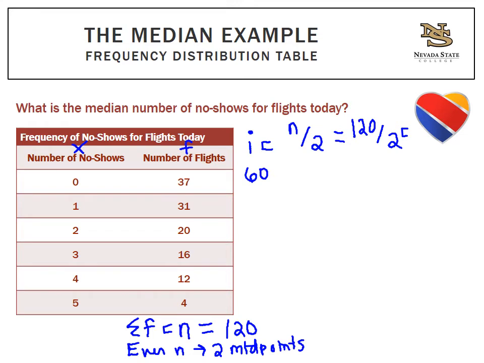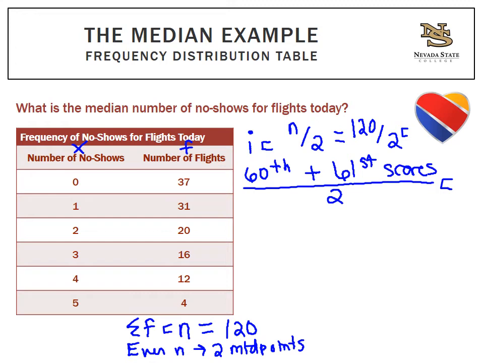Okay? So we know we're looking at the 60th score, not 60, but the 60th score. And then remember, we're going to take the score at the position above it as well, the ith plus 1, right? So 60th and the 61st scores divided by 2 because we're looking at 2 scores and we want to figure out the average or the mean of those two.